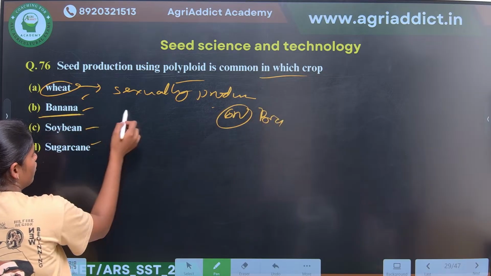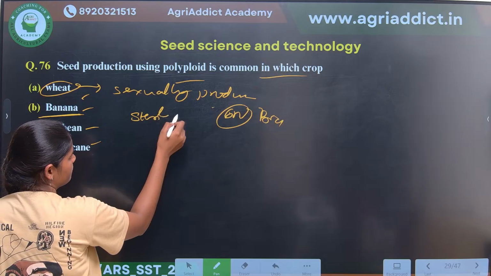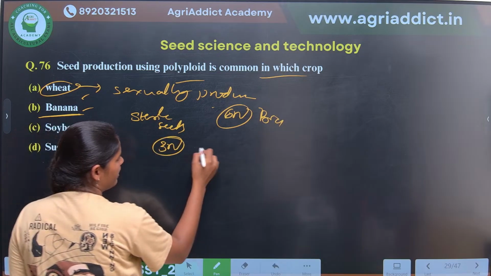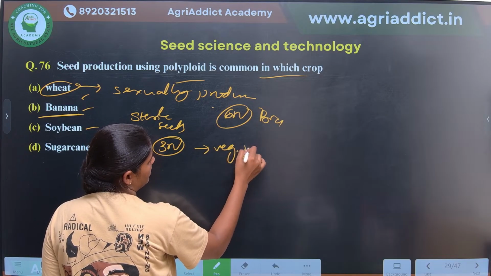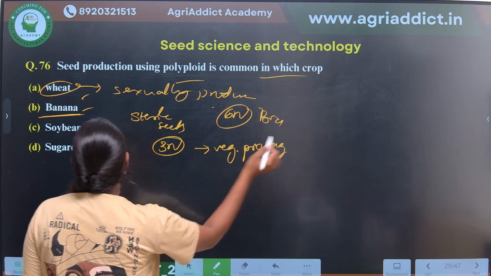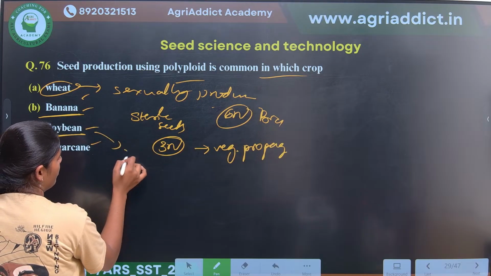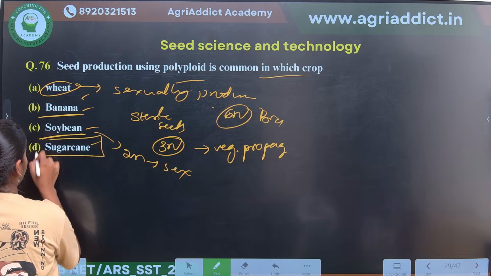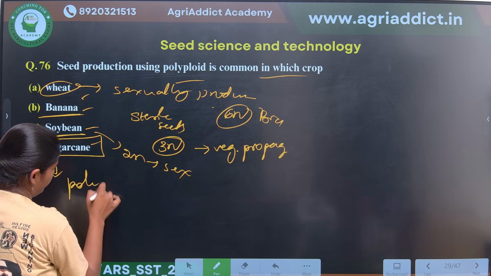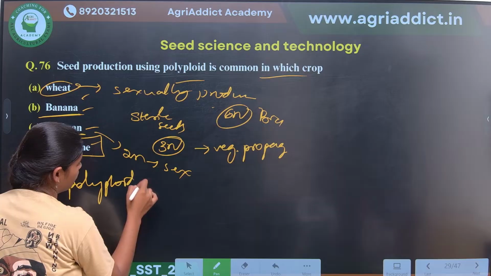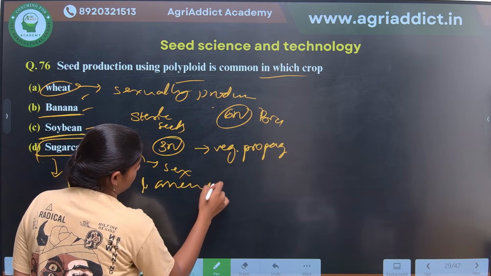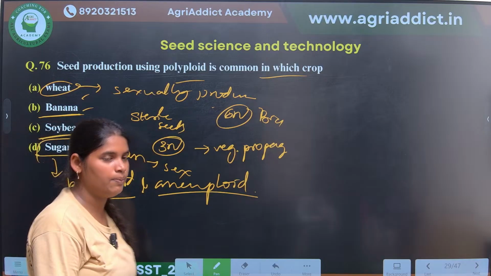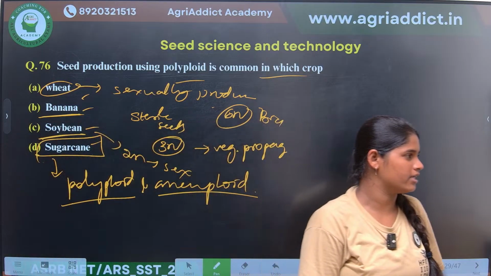In banana, we go for sterile seeds, but it is usually through vegetative propagules, that is suckers. And soybean is a diploid; we go for the conventional methods. And sugarcane is a polyploid, also aneuploid. So we have exploited the significance of polyploid seed production in sugarcane.